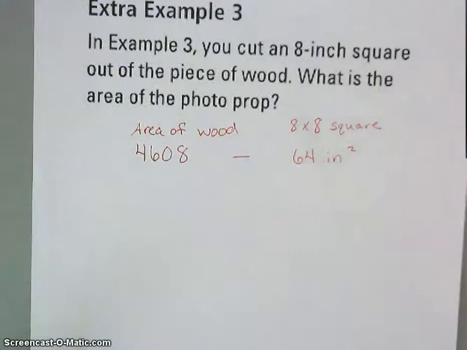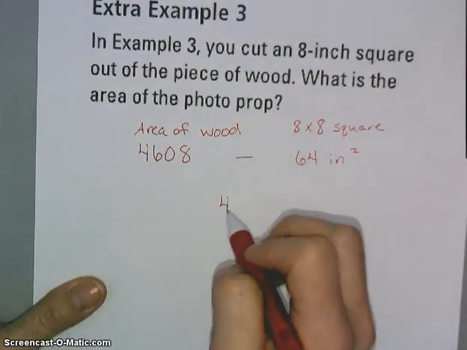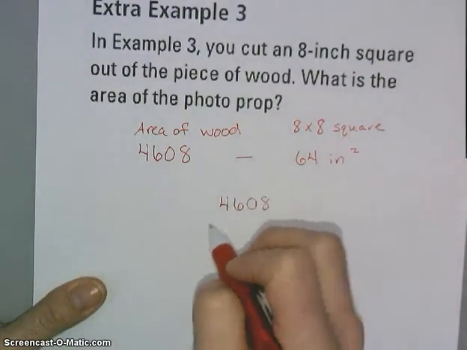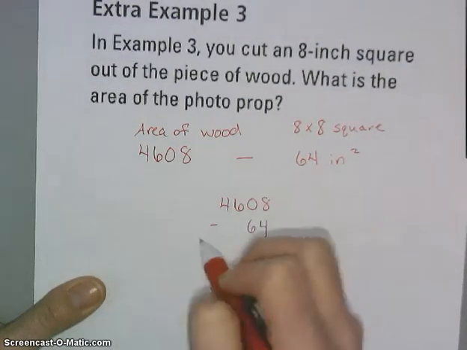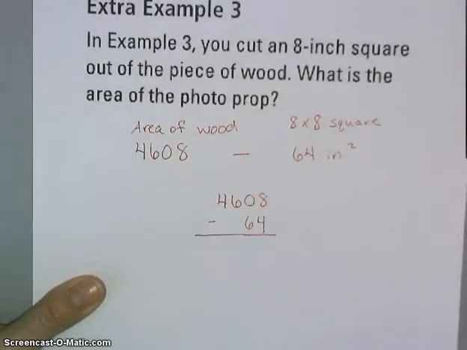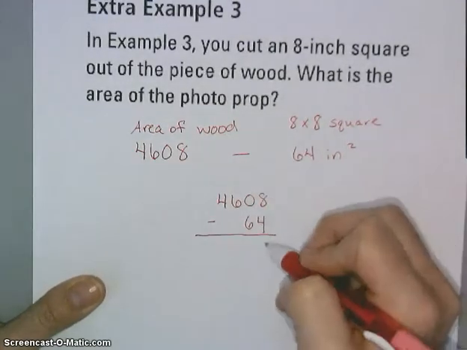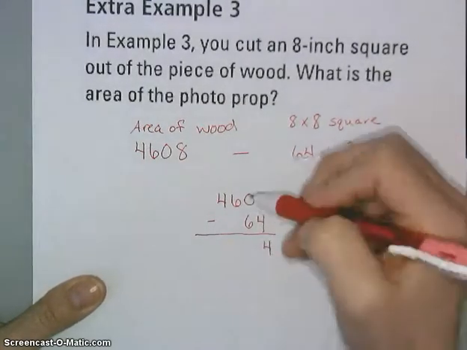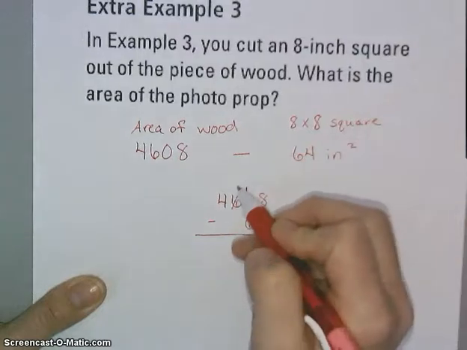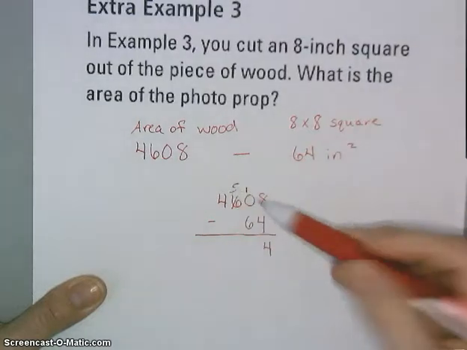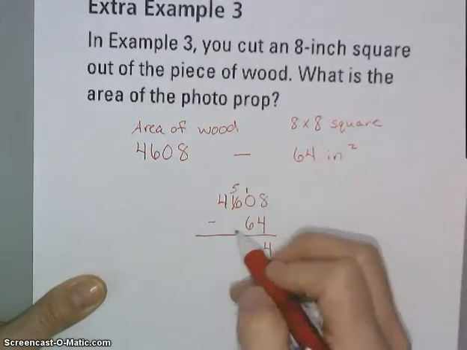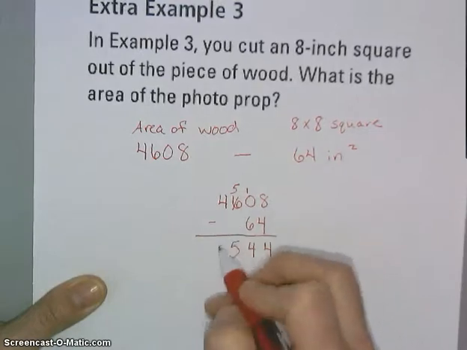So now we need to subtract 4,608 minus 64. Now if you can't do that in your head, just set it up like a subtraction problem and do the subtraction. Line up your place values. 8 minus 4, that's 4. I can't take 6 away from 0, so I have to borrow. 10 minus 6 is 4. 5 minus nothing is 5. And then 4 minus 0.